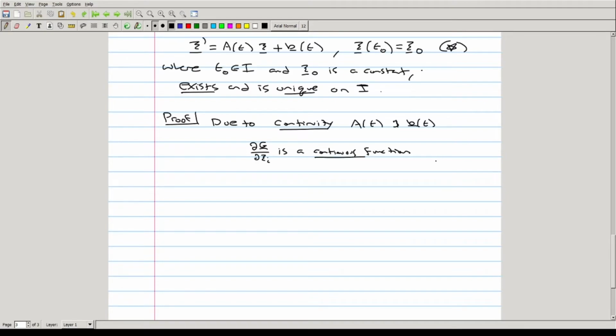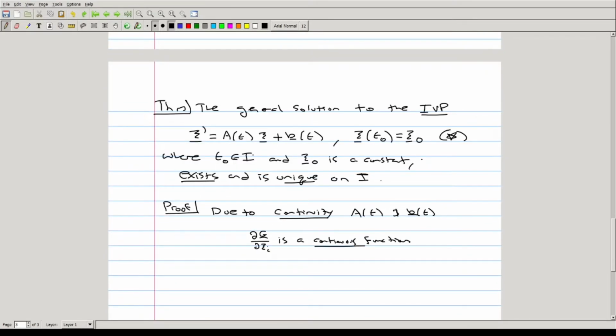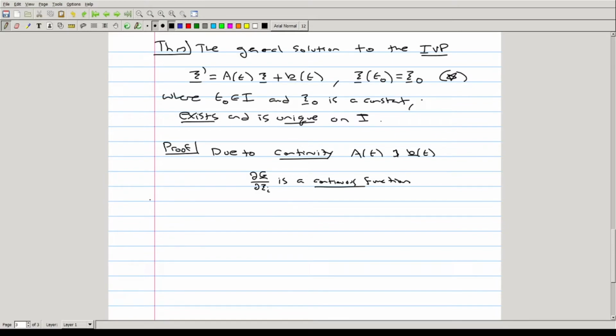And therefore, because our function g, which is the right-hand side of this differential equation, is a continuous function, by our previous existence and uniqueness theorem, this holds. So we deduce the theorem.